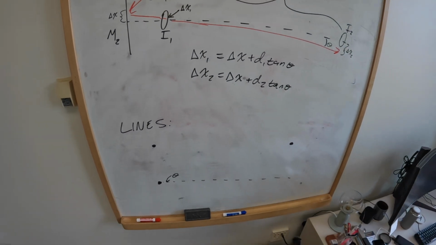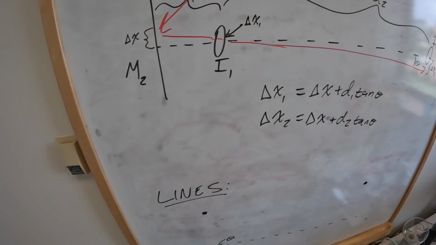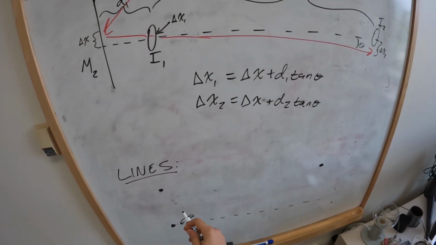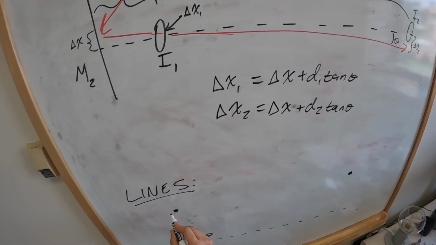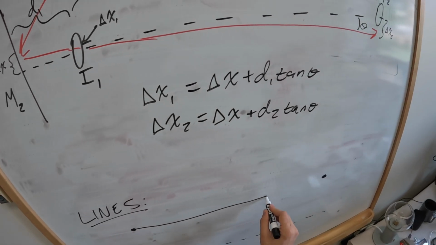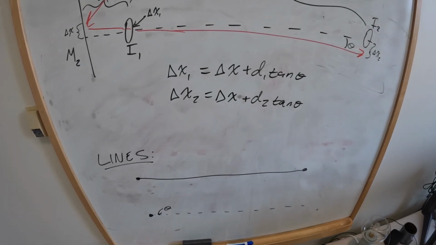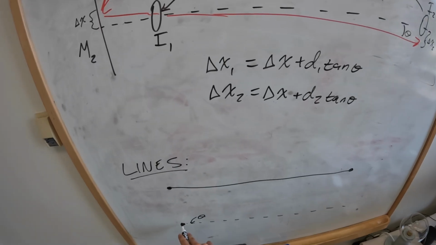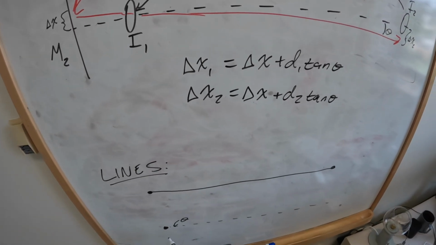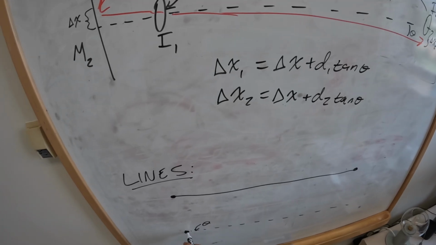There are two ways that we can define a line, right? The first of which is we can define 2 points. If we have 2 points, then there is one and only one straight line that perfectly connects them, yeah? The other way that we can define a line is to define 1 point and then define an angle from some axis at which the line emanates from that point.